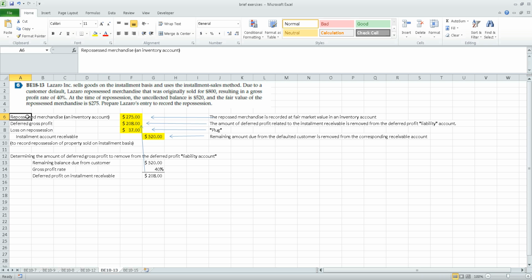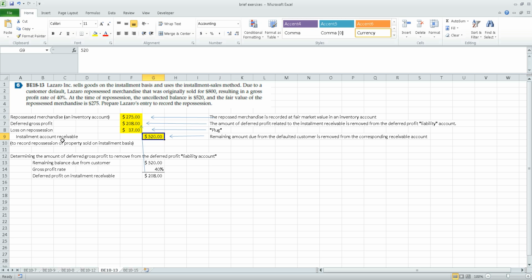We're going to debit repossessed merchandise, which is in the inventory account, for $275. $275 is the fair market value of the repossessed merchandise. So the repossessed merchandise goes back into the accounting records of the selling company at fair market value.